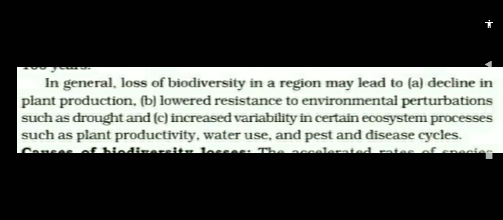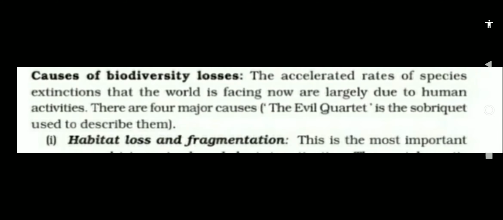Then loss of biodiversity, what are the main reasons? What are the main causes? So, causes of biodiversity loss. As I have said, the sixth extinction is due to human activity, and the rate of human activity has accelerated, and due to this acceleration, the rate of extinction of species also increases.